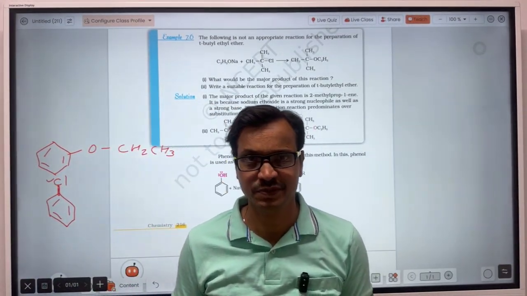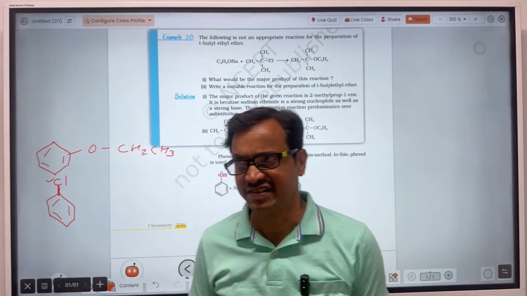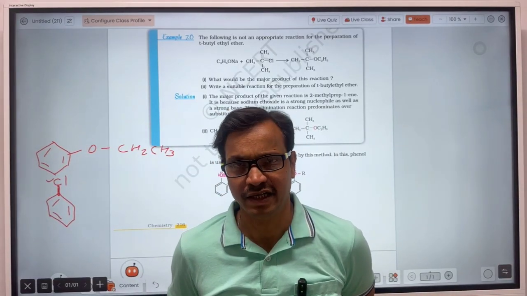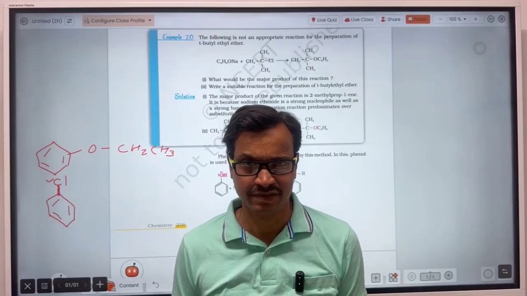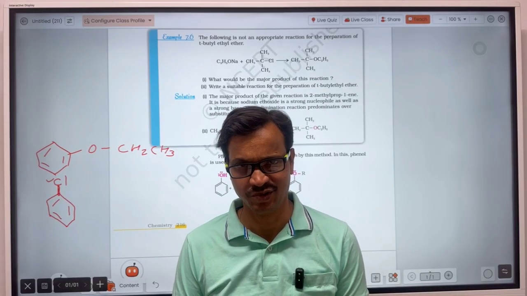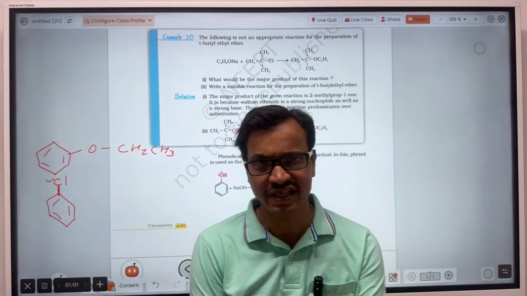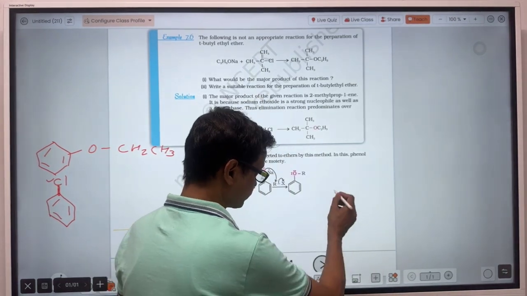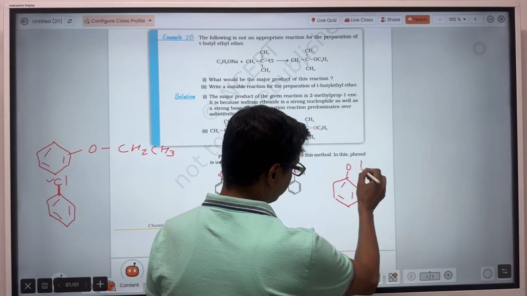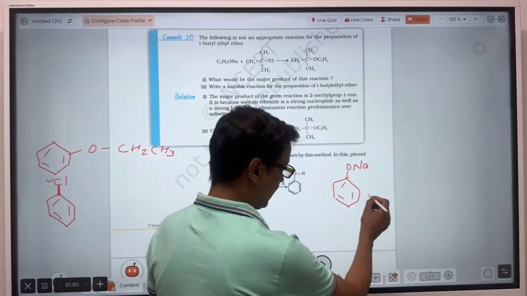Therefore their bond dissociation enthalpy will be more. When their bond dissociation enthalpy will be more, it will be very difficult to cleave the carbon halogen bond. So during that course, you will have to take sodium salt of benzene, that is sodium phenoxide, and haloalkane.